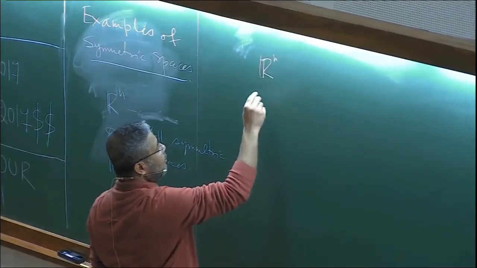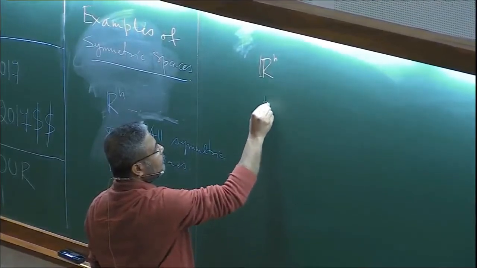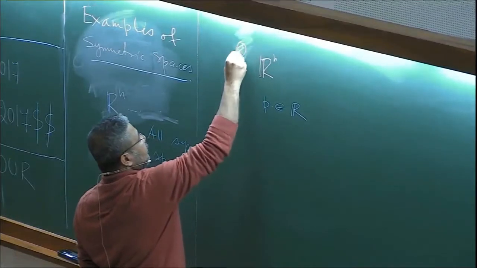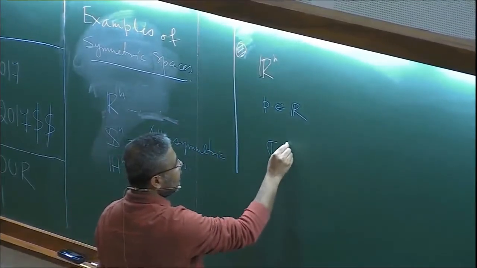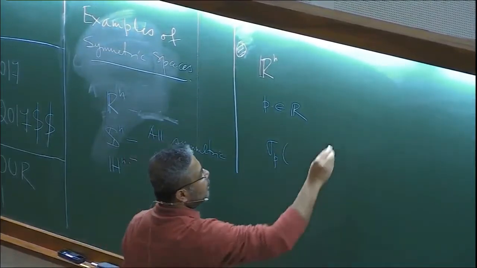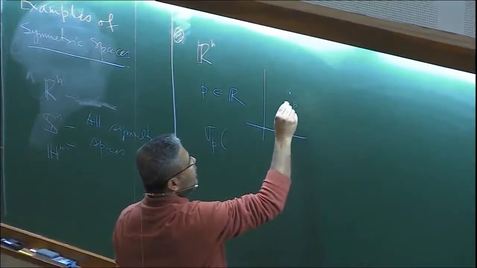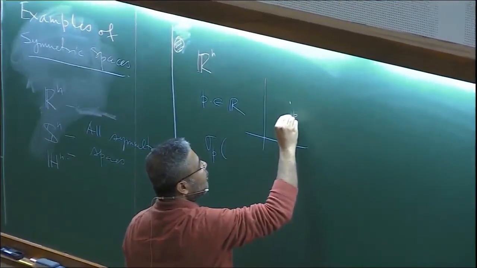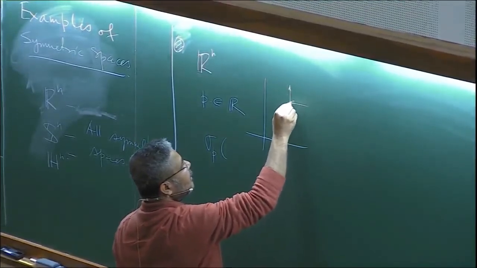So Rn, for example, if you take a point P, then you define sigma P. You just have this P and you just reflect along. So you have the point here, reflect here, or here, reflect here.